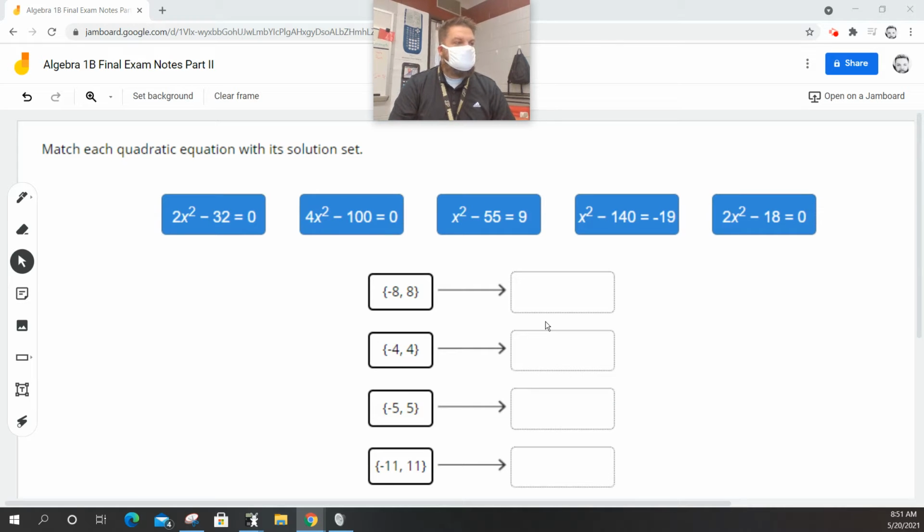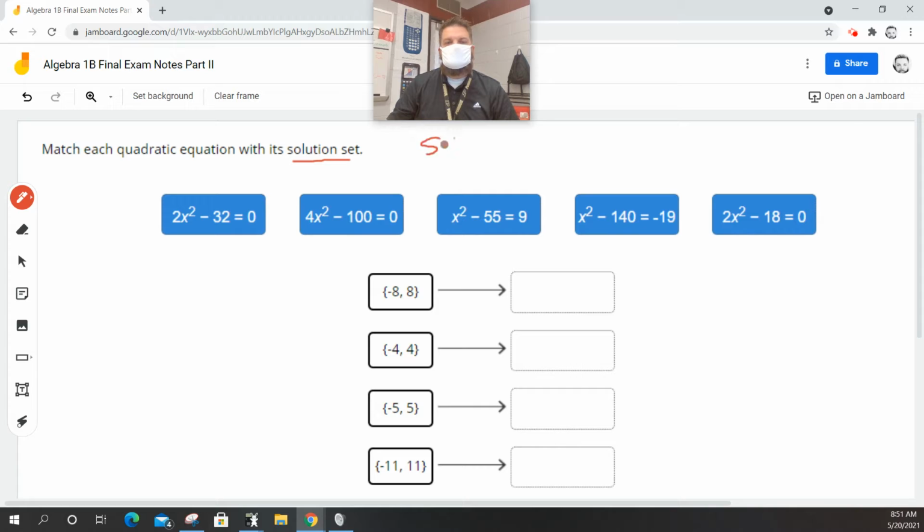All right, so what I want to do is graph these and see where they cross the x-axis. Because remember, let me read the question first. The question says, match each quadratic with its solution set.